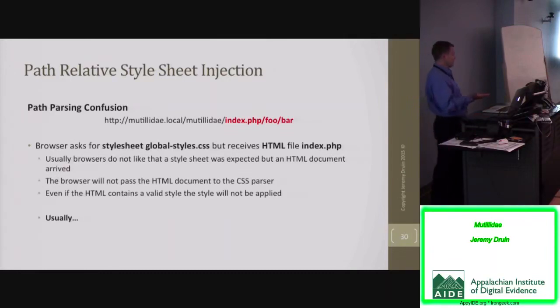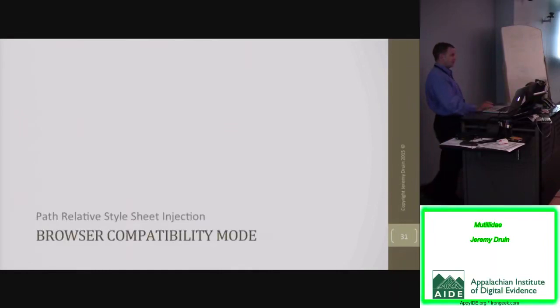It won't process the HTML document and pretend like it's a style sheet. So really we're not going to have a problem, except for sometimes. With browser compatibility mode, there may actually be opportunities for the browser to go ahead and parse that HTML document as a style sheet anyway.